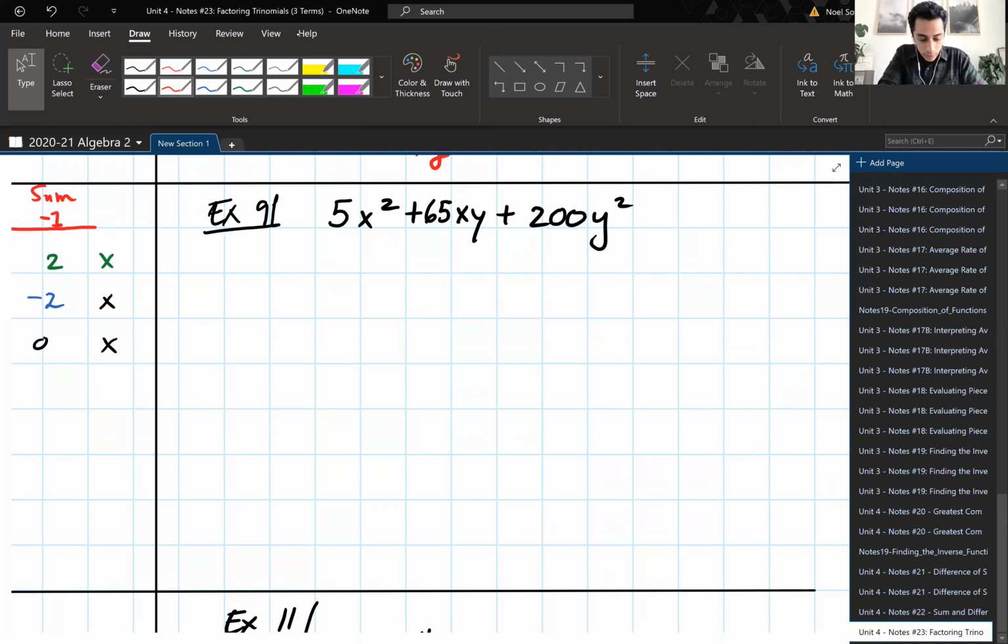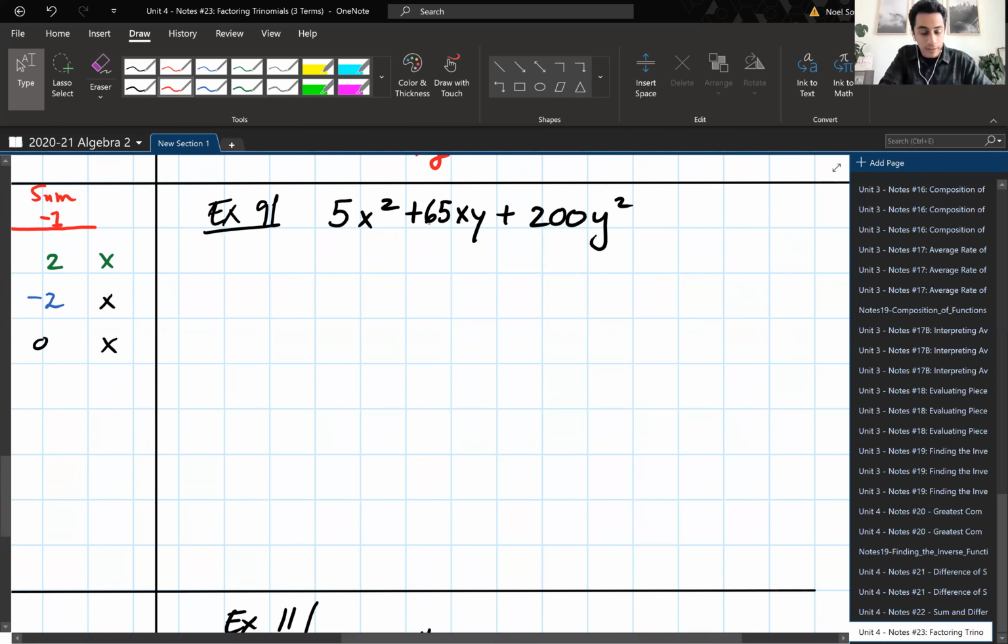All right, looks like they're all divisible by 5, right? Anything else besides 5 that they all have in common? No, there isn't. I'm just double checking, okay? Because I noticed how two of the terms have x, but the third one doesn't.